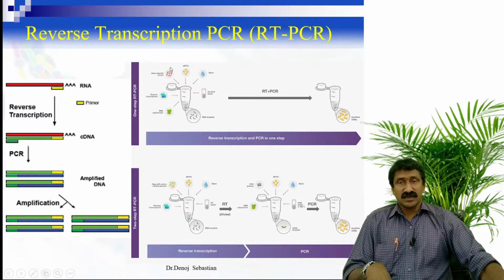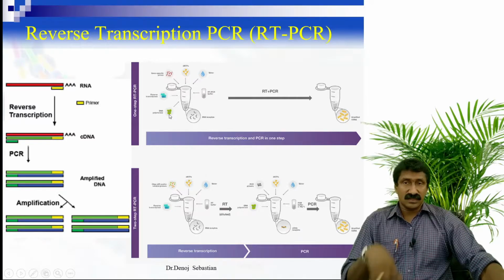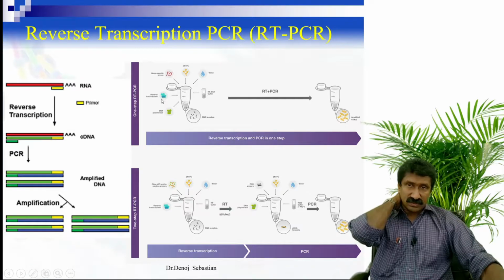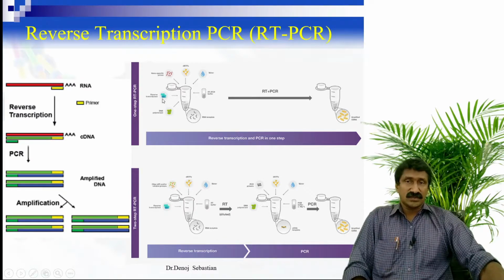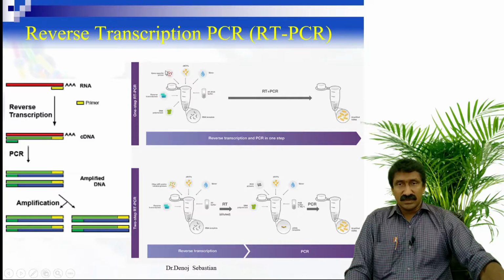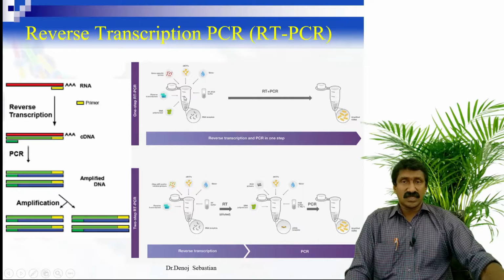Once again, we have various reactants that are available, like DNA polymerase, then reverse transcriptase, both the enzymes are required, then other nucleotides or dNTPs, then template, water or buffer, etc. All these things will be mixed in the same reaction mixture, and the reverse transcription and the PCR both occur in the same reaction mixture.